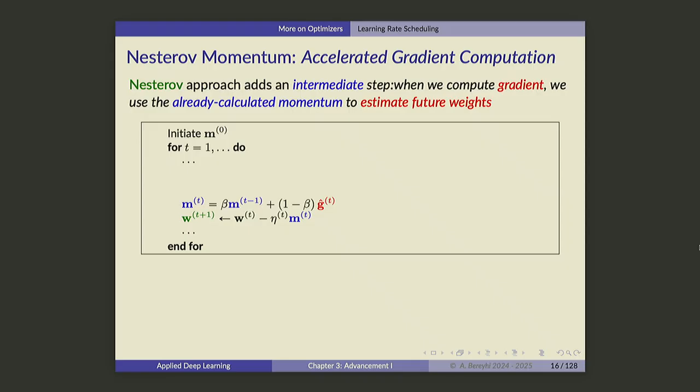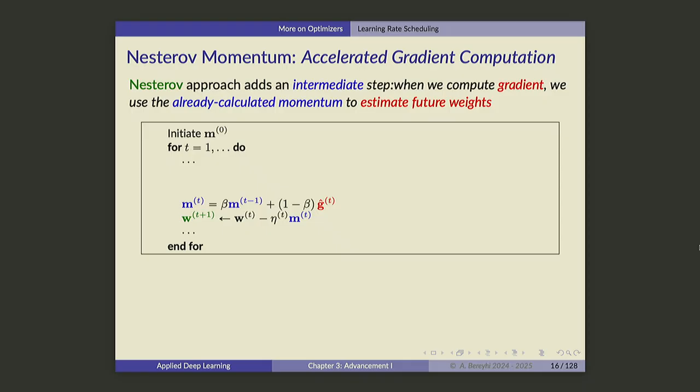This is one point in between. And this direction is minus beta m t minus 1. Then this one is actually minus 1 minus beta g t. Do you agree with me?